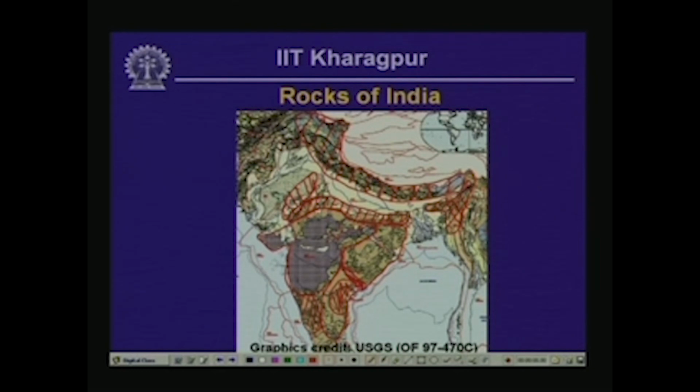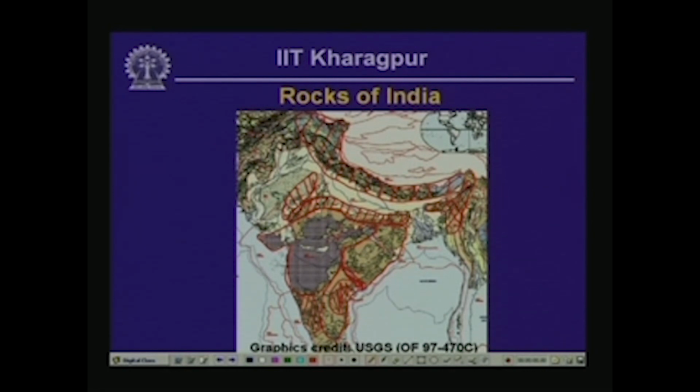These are the different types of rocks that are found, except for the Godavari basin and the Kudappa area, where sandstone and shale sedimentary rocks are found.